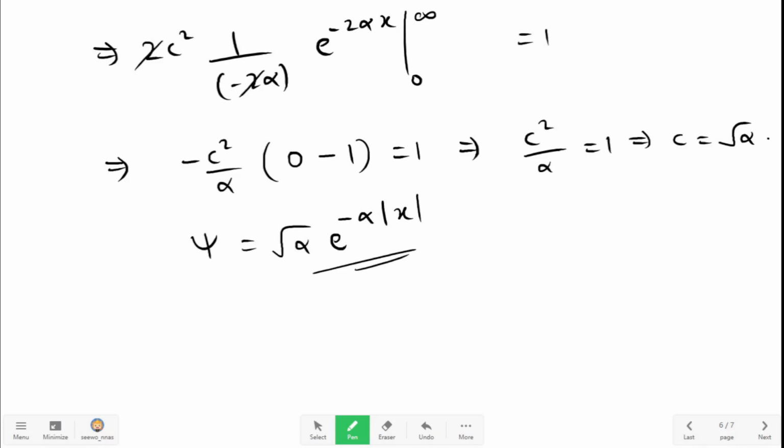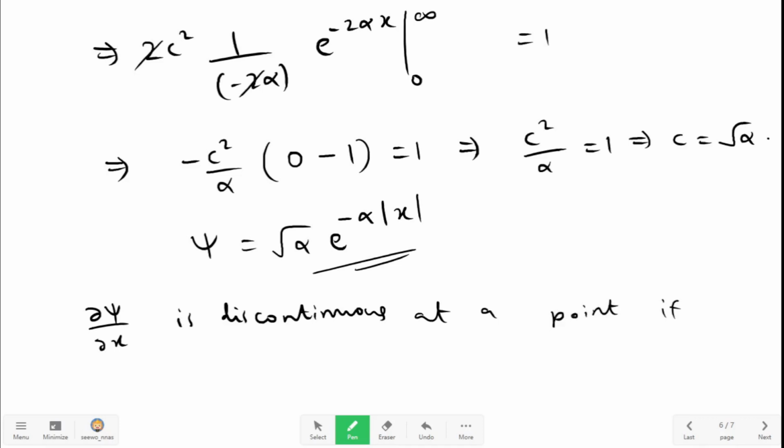Now let's make use of another property: the derivative of psi with respect to x is discontinuous at a point if there is an infinite change in potential at that point.